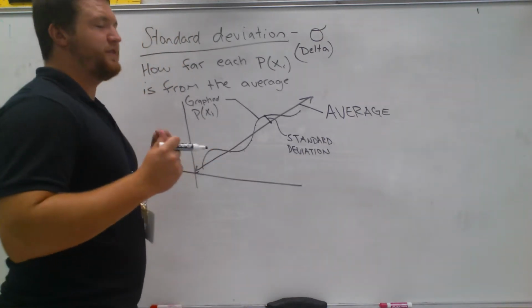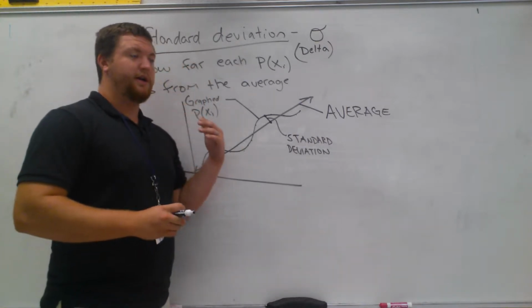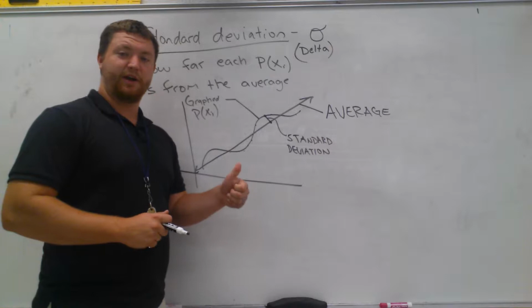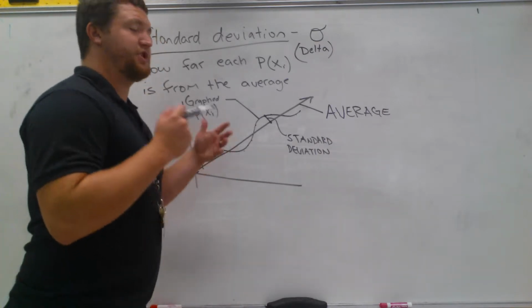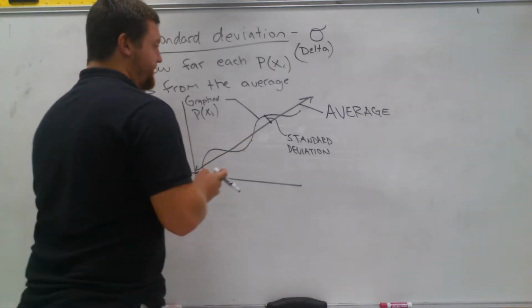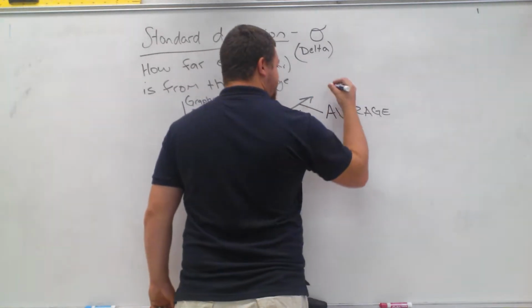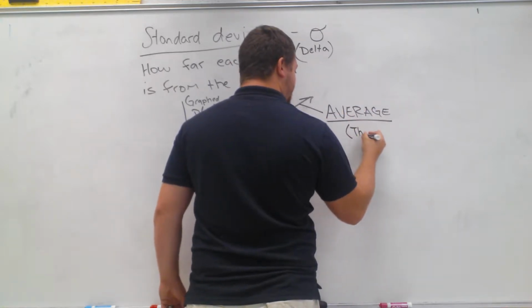So my theoretical, remember, is what I think is going to happen. In other words, when I flip a coin, it's a 50-50 shot. That's my theoretical. My experimental is what I actually do with that, so my actual outcomes. So for this graph, my average would represent what I think should happen, my theoretical.